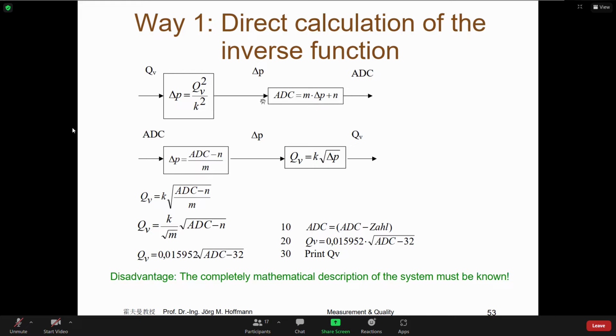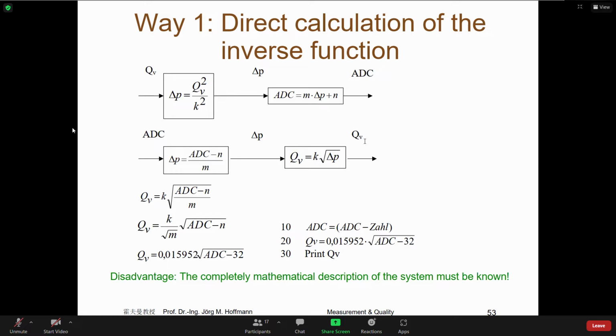This is the same formula, only that you calculate now the delta of the pressure from the ADC number and not the ADC number from the delta of the pressure. Then you have the delta of the pressure, and then you do exactly the same with this formula. You calculate the volumina stream with K and the delta of the pressure, and then you have the volumina stream.